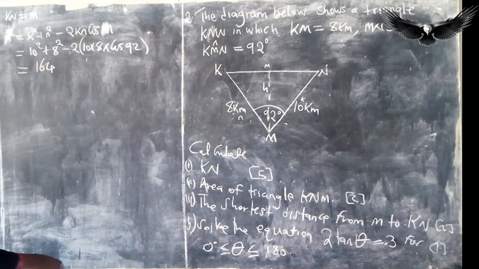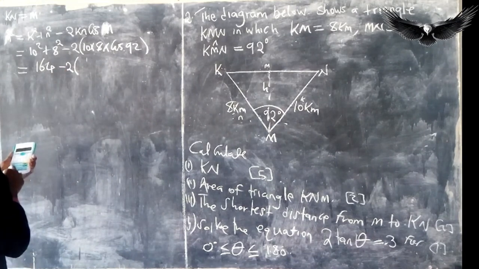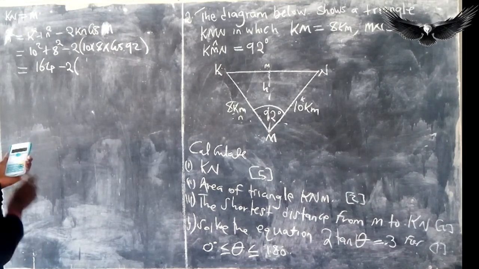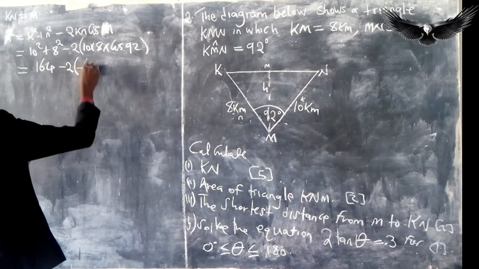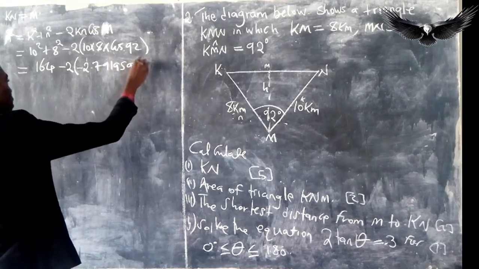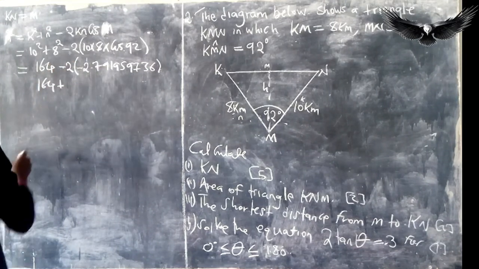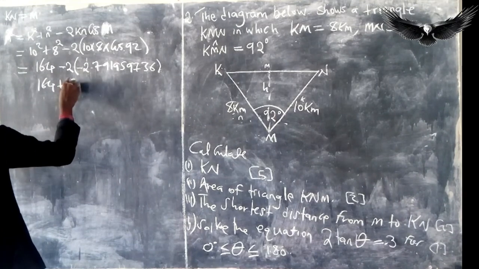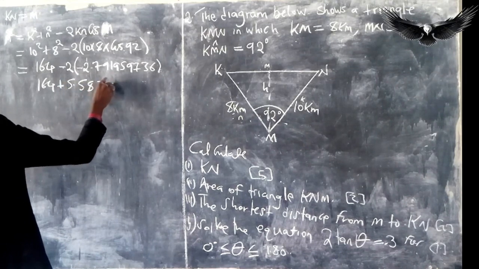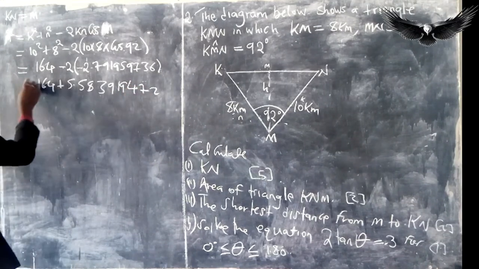Then minus 2, and inside the brackets you multiply 10 multiplied by 8 multiplied by cos 92, which gives us negative 2.791959736. And negative and negative, so this one will be 164 plus, multiplied by negative 2, that one will give us plus 5.583919472.